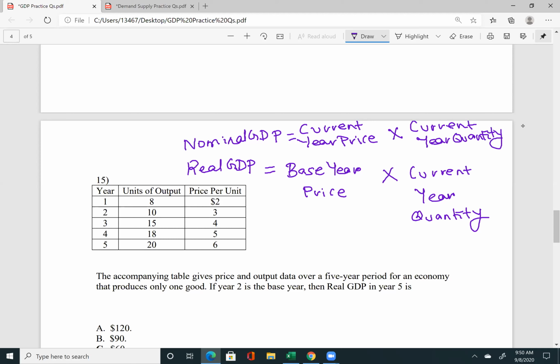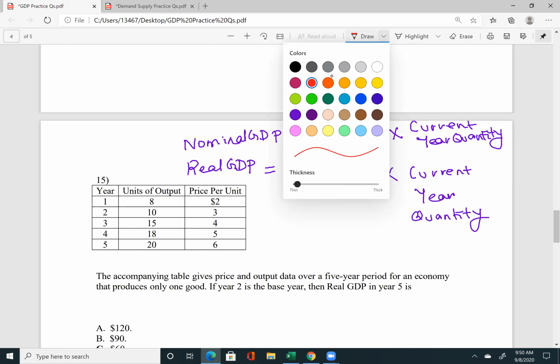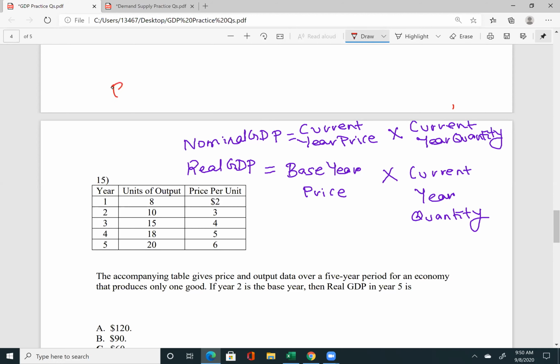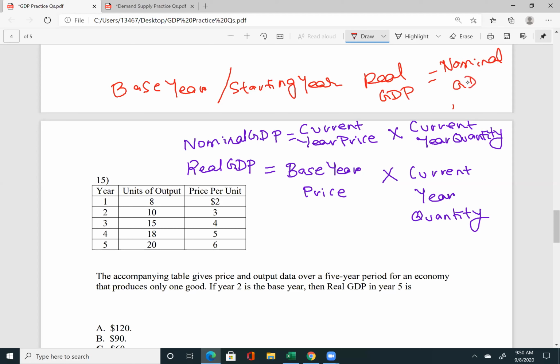This is the difference between these two. However, if we are looking at the base year, which is also called the starting year, the real GDP will be equal to the nominal GDP.